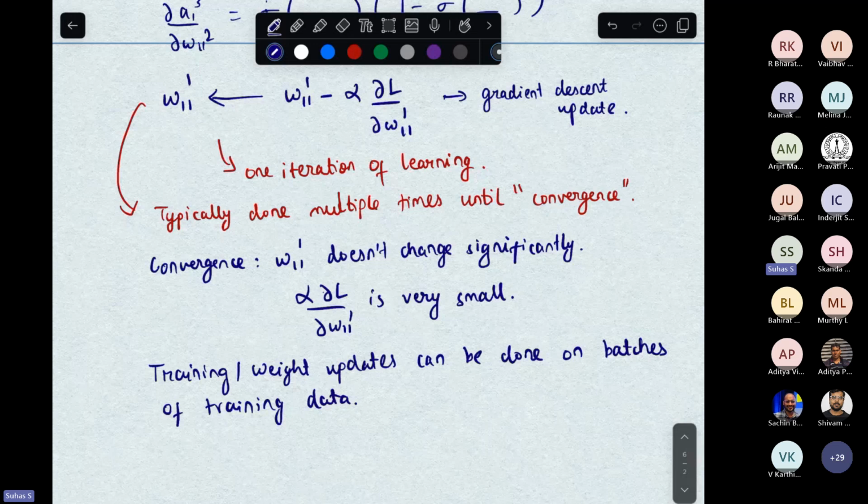If you have a data set of n examples and you pass all of them in the forward pass and then update your weights, it will typically lead to better learning and faster convergence of your neural network. Yes, if you use more examples, the weights will be updated better. Okay. Any more questions?